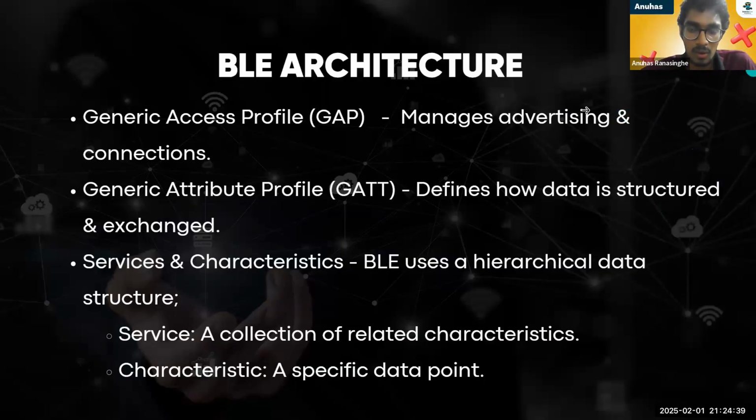In the Bluetooth architecture, there are things called host, controller, and other parts. The host part includes the Generic Access Profile, called GAP, which is used for managing advertising and connections. So basically, let me explain the advertising part. We used that term before.